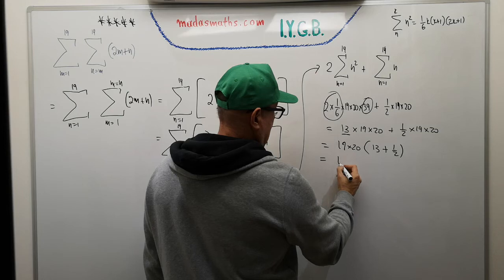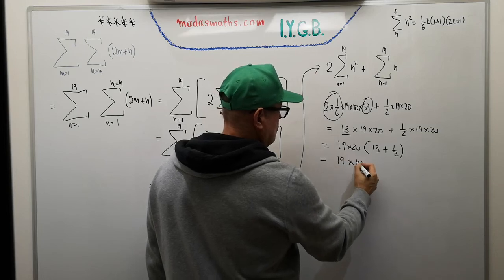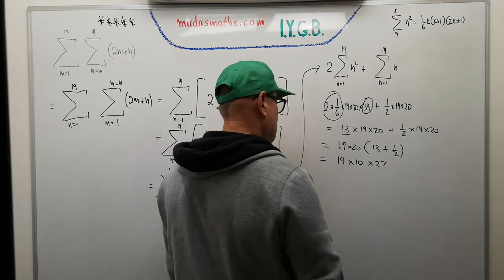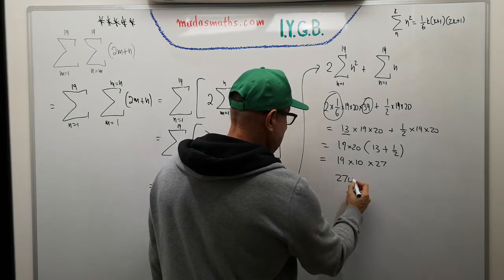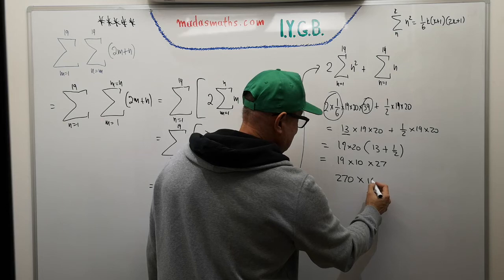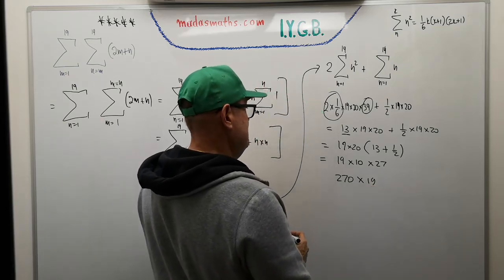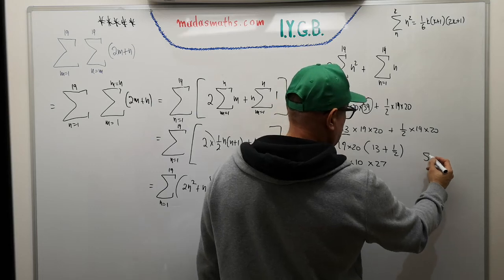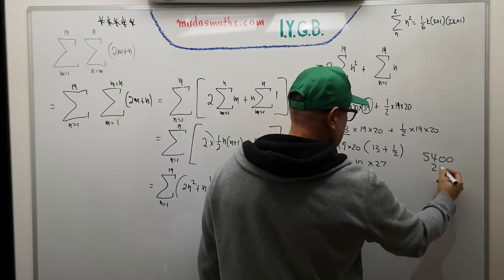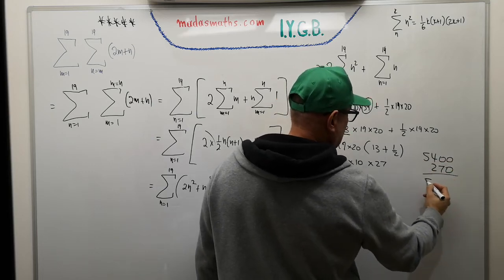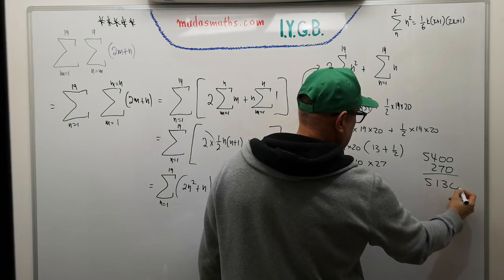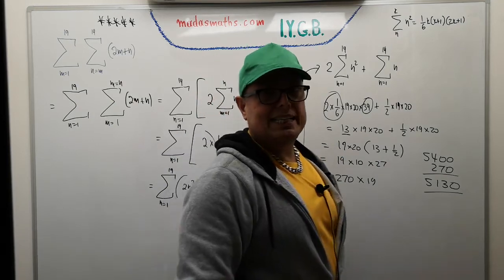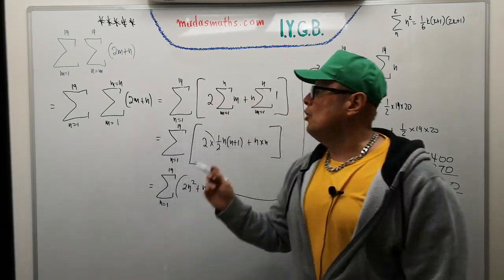Okay, use a 2 from the 20, change that into a 10, so it makes 26, 27. So all of this now will be 270 times 19. So 270 times 19 will give me 5,400 take away 270, so that'll give me an answer of 5130, I hope. And of course you can check it with a calculator in your own time.